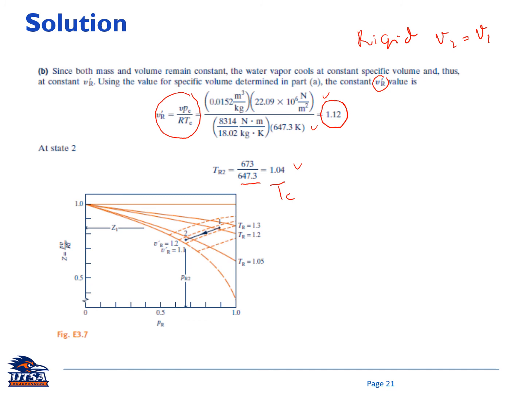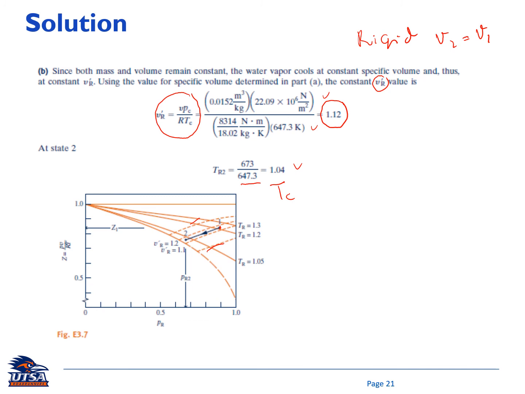And then go back again to this generalized compressibility chart. I have state number 1 here, and then let's go to state number 2 following constant V. So in here VR equal to 1.12. This dashed line is the line for different VR.